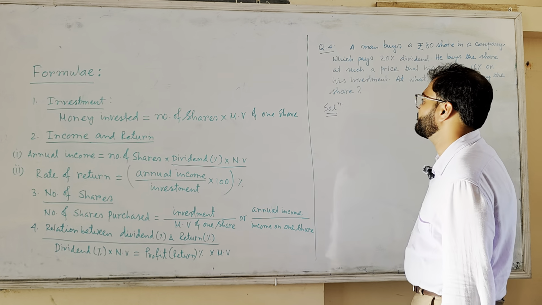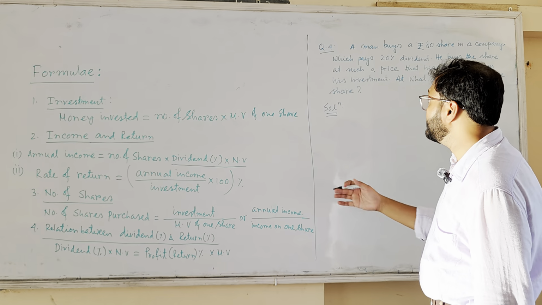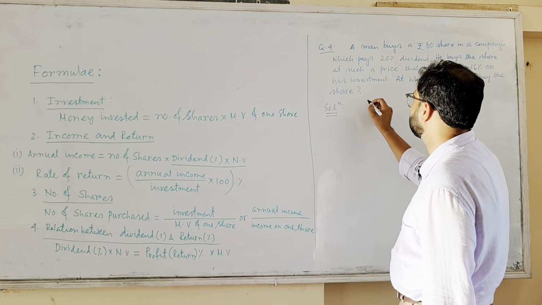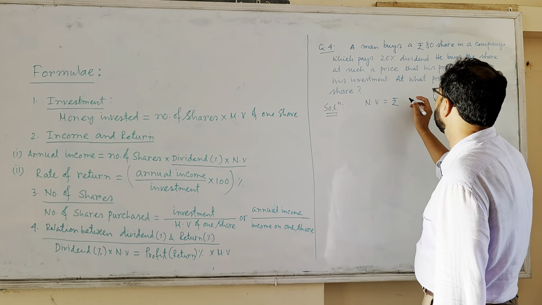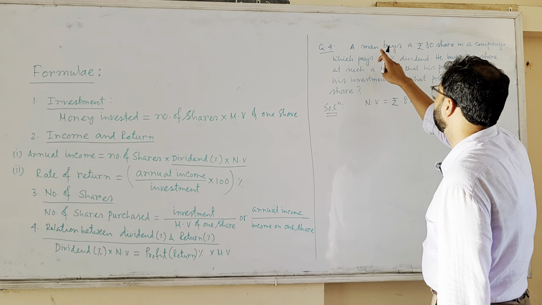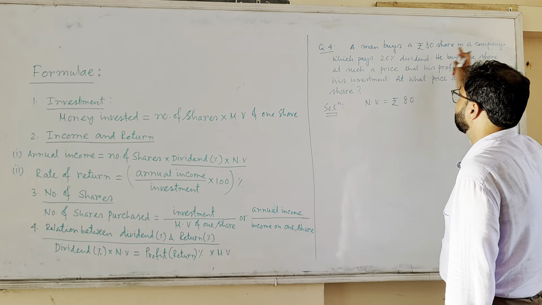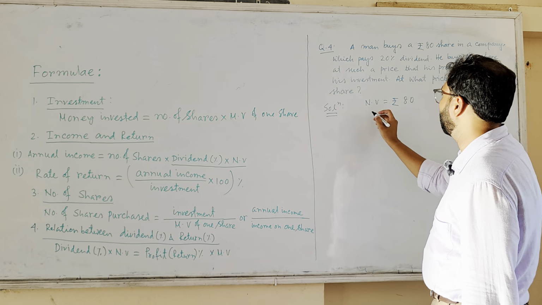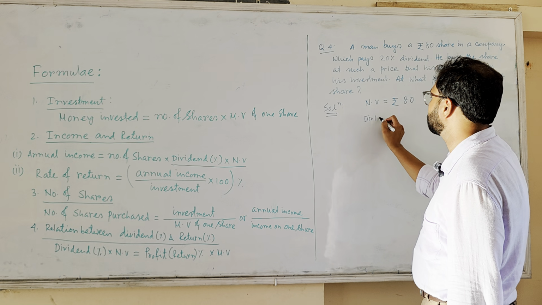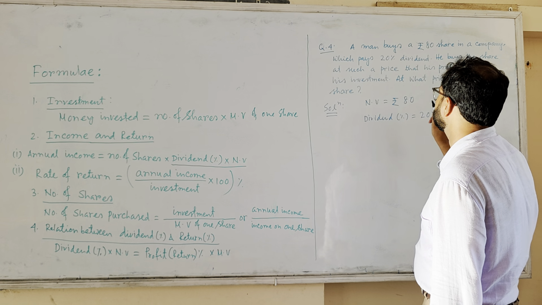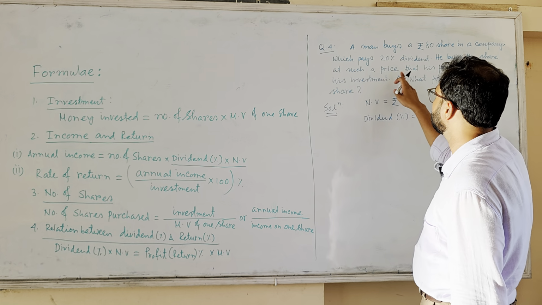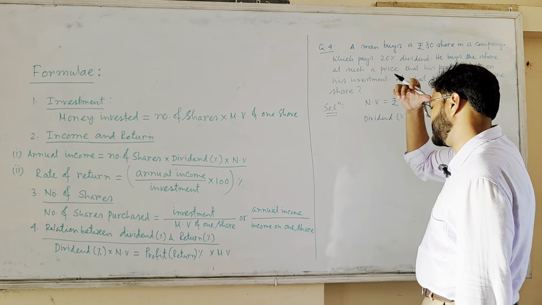what is required? The things which are known, we will write first. So first is nominal value. Is it given? Yes, it is given. Rupees 80. A man buys 80 shares in a company. Dividend percentage is 20%. He buys the share at such a price that his profit is 16%.